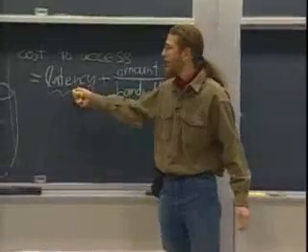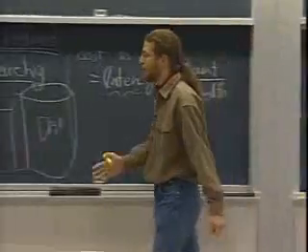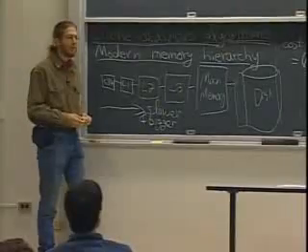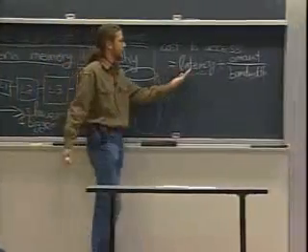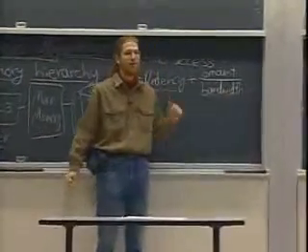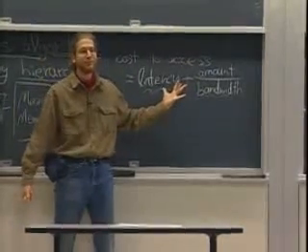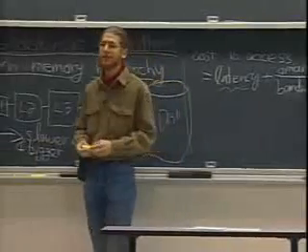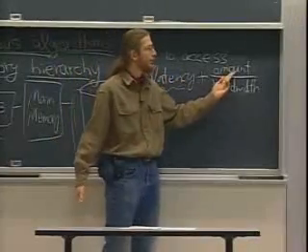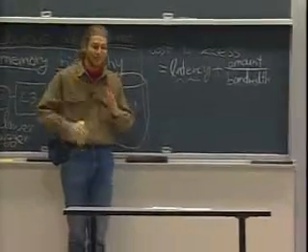So if the latency is going up, but we still get to divide by the same amount of bandwidth, what should we do to make the access costs at all these levels about the same? If this is fixed, and this is increasing, what could we do to balance this formula? Change the amount. As the latency goes up, if we increase the amount, then the amortized cost to access one element will go down.